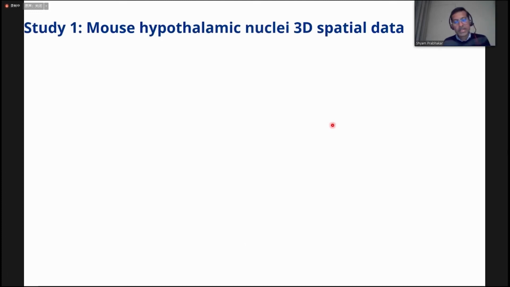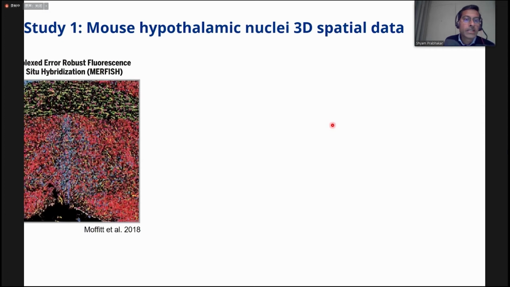So how does this work in practice? Here's an example, mouse hypothalamus, 3D spatial data, and this is from the Moffitt et al. 2018 mouse brain paper, MERFISH. So you can see here, this is one section of the brain. Visually, you can already see there's one zone here and there are multiple zones here.